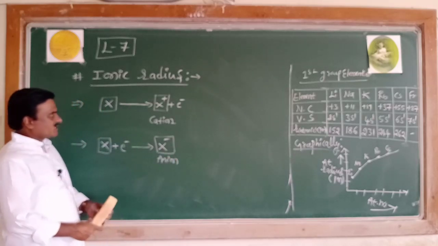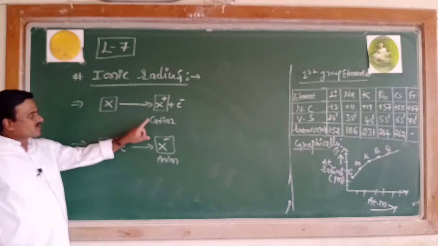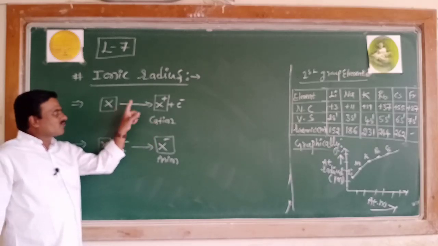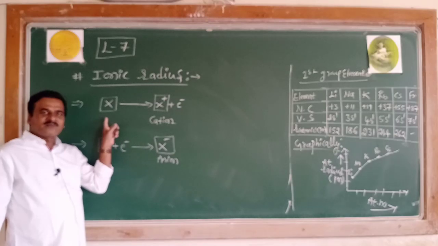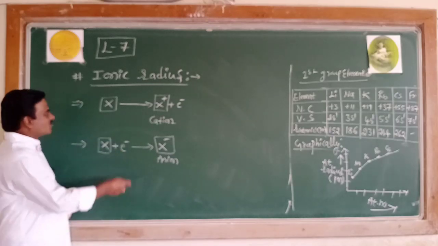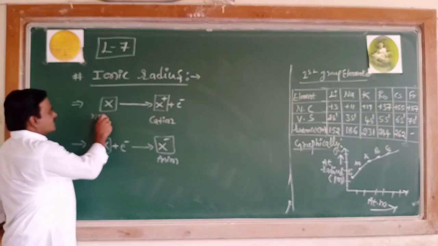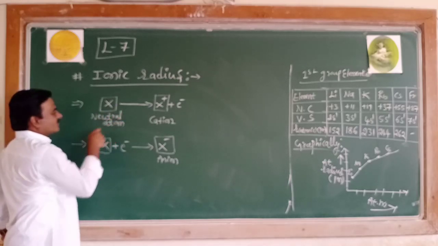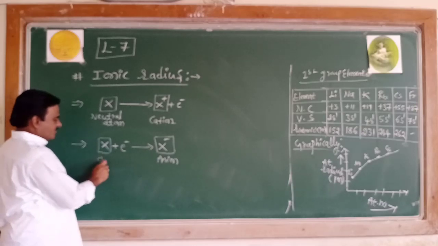Thus I conclude with these two representations. So how is the cation formed? It is formed by the loss of one or more electrons from the neutral atom. X is a neutral atom, or simply atom.